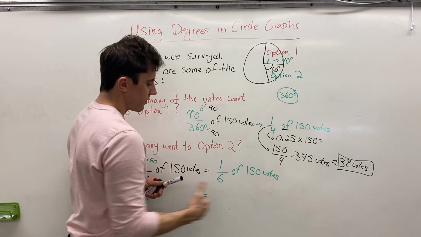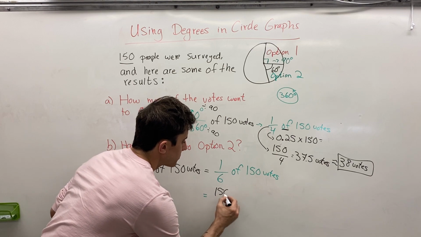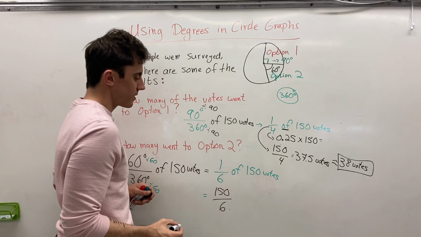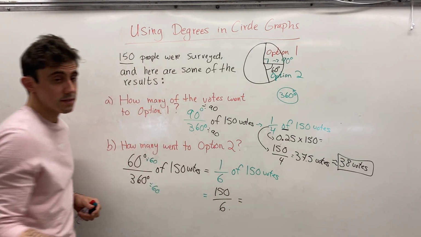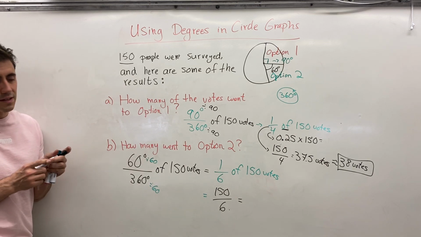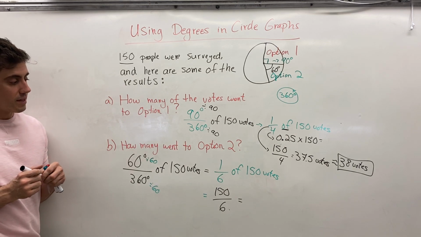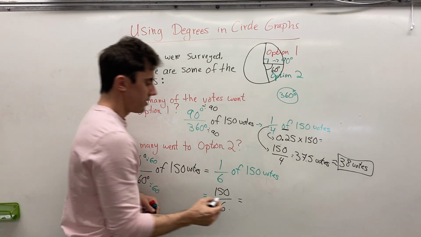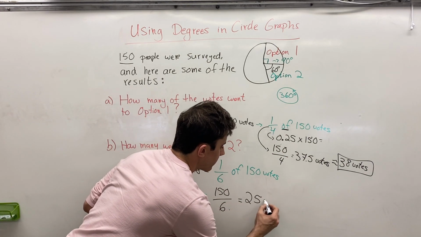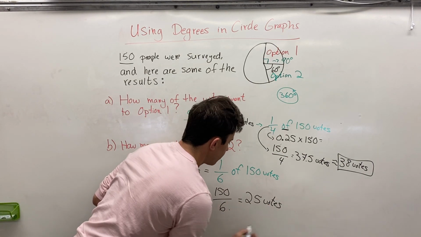So if we divide 150 into 6 groups, 150 divided by 6, you might be able to do this in your head. It might take you a second or two, but that's okay. And you'll come up with the answer of 25 votes, okay?